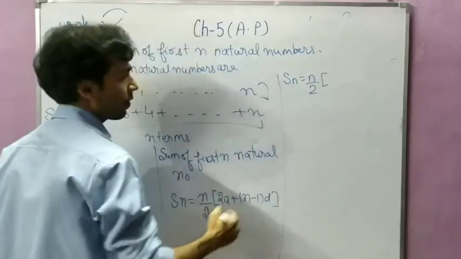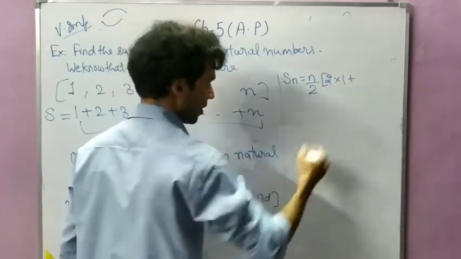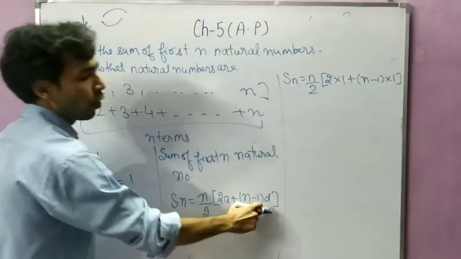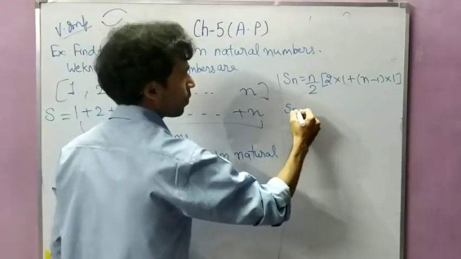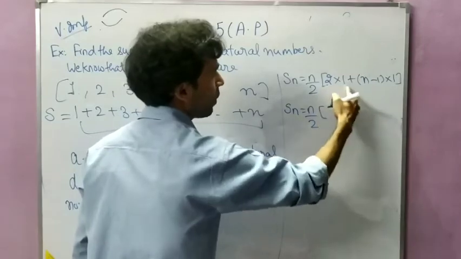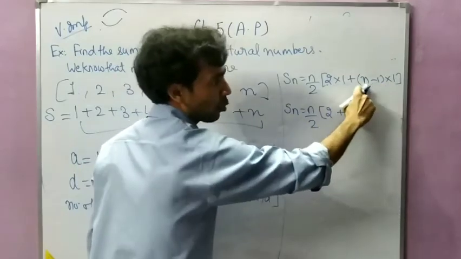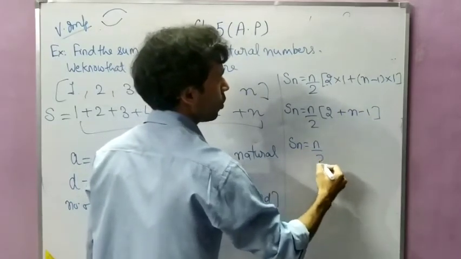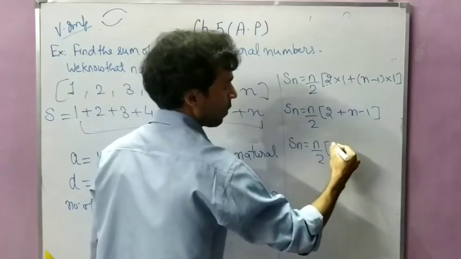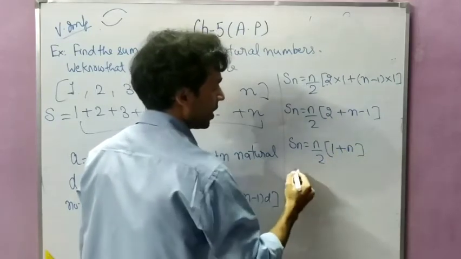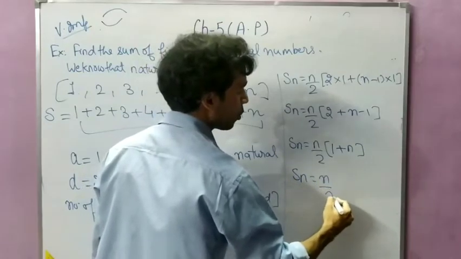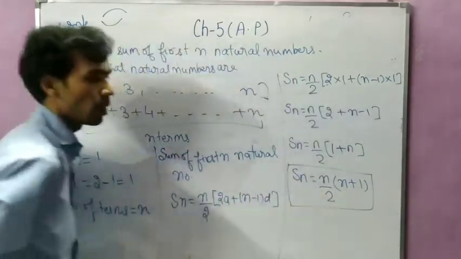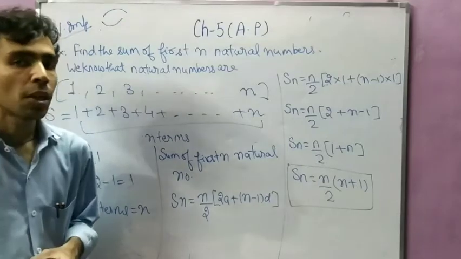Now the value of a is 1, so 2 into 1 plus (n minus 1) into 1, because the value of d is also 1. So Sn equals n by 2, now it will become 2, and 1 multiplied to this becomes n minus 1. So Sn equals n by 2, now 2 minus 1 will be 1, plus n. Now writing in sequence, Sn equals n by 2 in bracket n plus 1. So this is the formula for the sum of first n natural numbers.